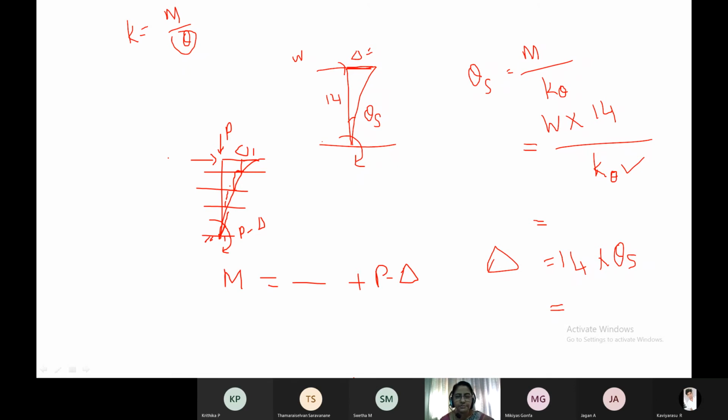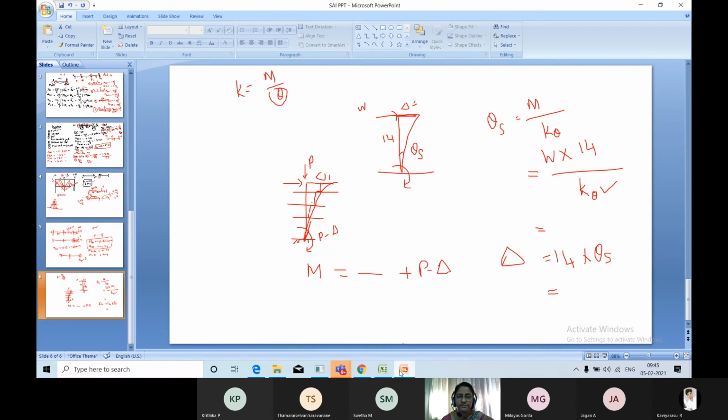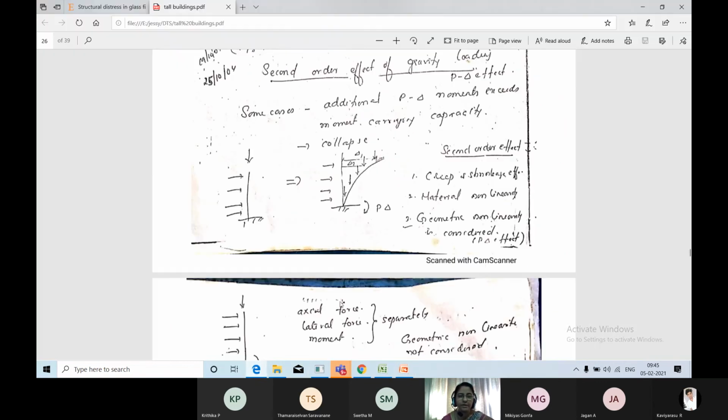So is it understood? This has to be taken into consideration, especially for high-rise structures when the number of stories is high, and if the lateral load is going to be higher. Isn't it clear? So when you do the stability check, this has to be taken into consideration.